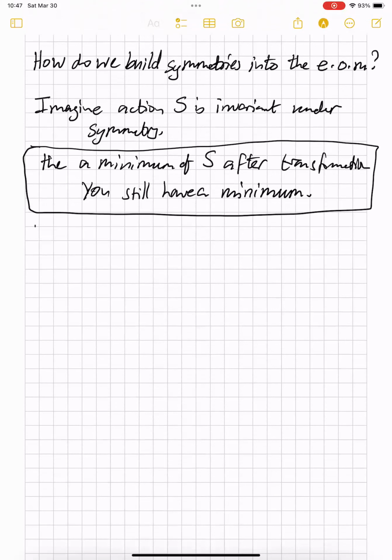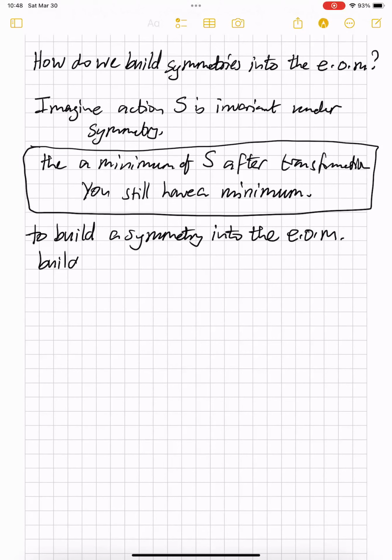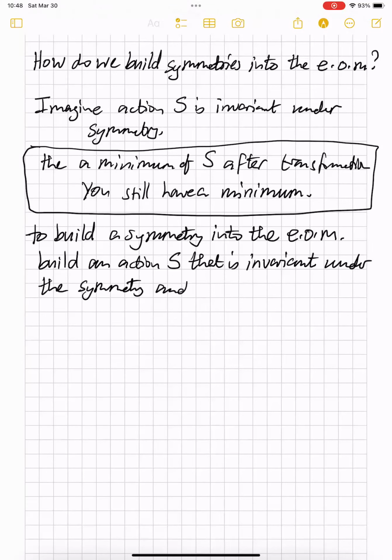So, to build a symmetry into the laws of nature, the equations of motion, what you should do is build an action S that is invariant under the symmetry and get the equations of motion by requiring delta S is equal to 0.